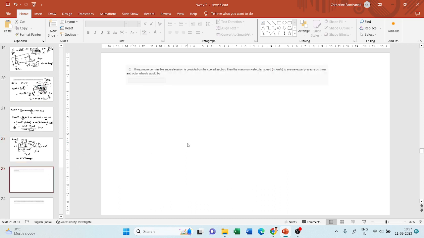If maximum permissible super elevation is provided on the curved section, then what is the maximum vehicle speed to ensure equal pressure on inner and outer wheels? They're asking what should be the maximum speed in order to ensure equal pressure on inner and outer wheels.